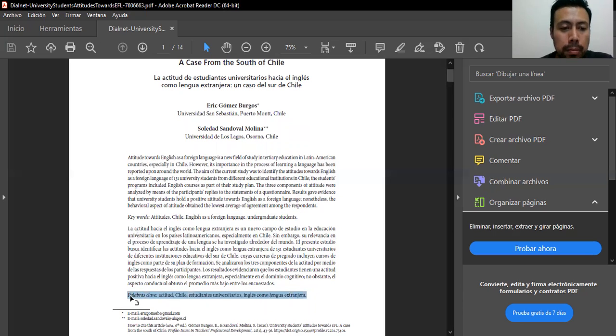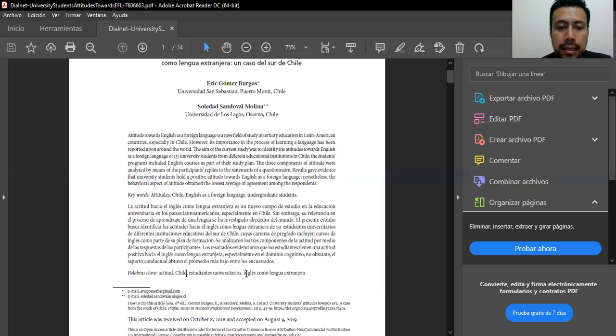Another part of the abstract is the keywords. It means the special words that we have in this journal article. In this case, the city, the participants, and the purpose, in this case, English as a foreign language.